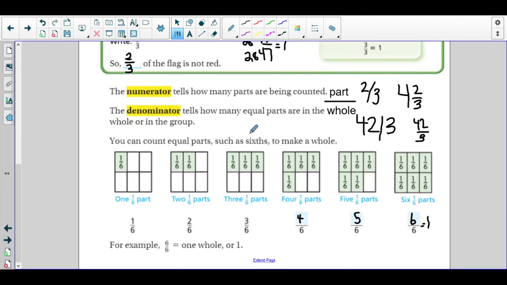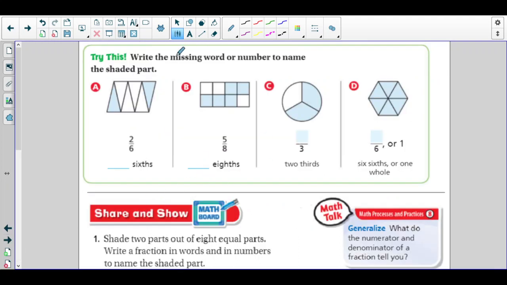Excellent. All right, let's move along here and take a look at a few other examples. Write the missing word or number to name the shaded part. So right here, we've got 1, 2, 3, 4, 5, 6 total. And of the 6, 2 of them are colored in or shaded.